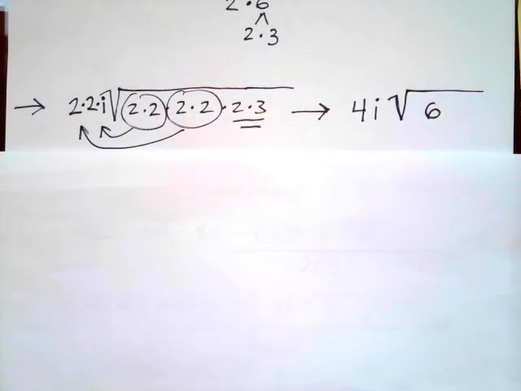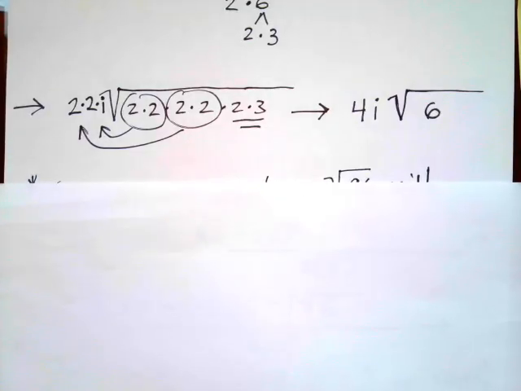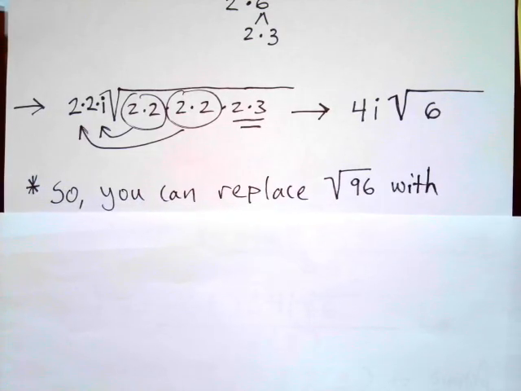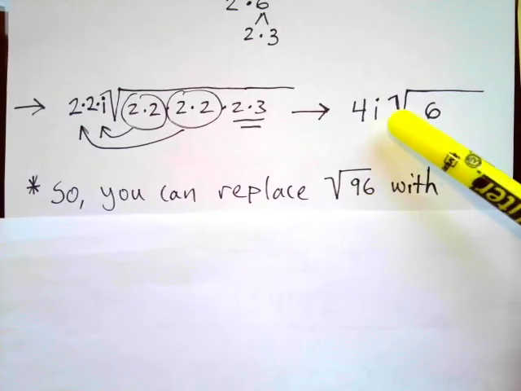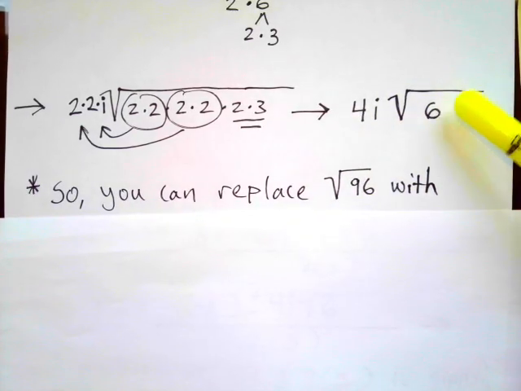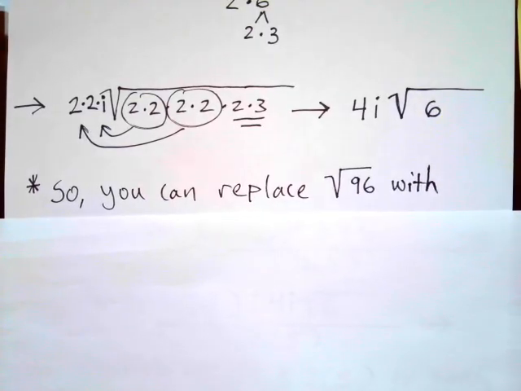Okay, that was kind of a little side street we needed to go down to continue to simplify. So I can replace that square root of 96 with 4 times i times the square root of 6. And that's all I'm going to do from that last step in video 3.